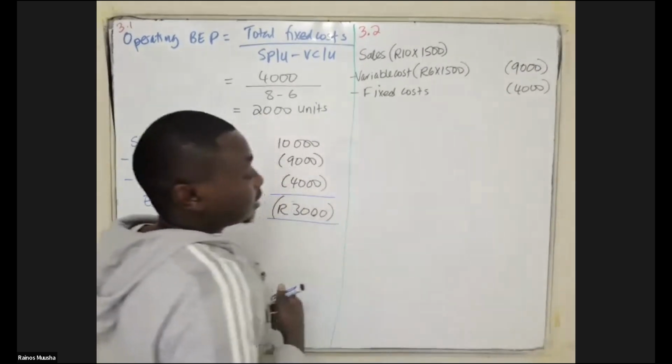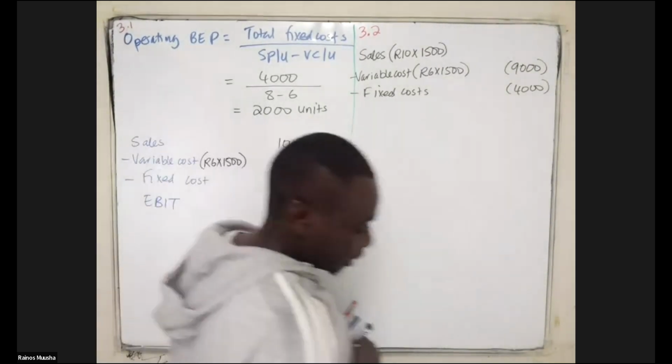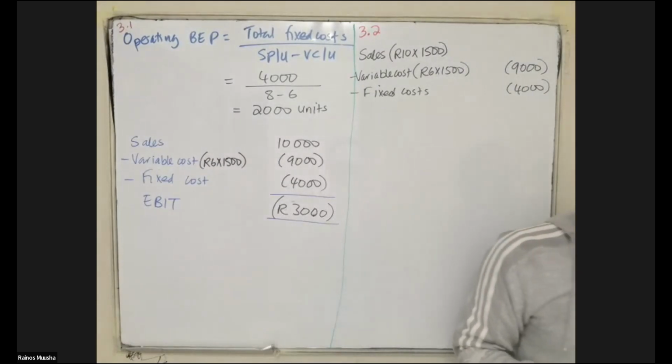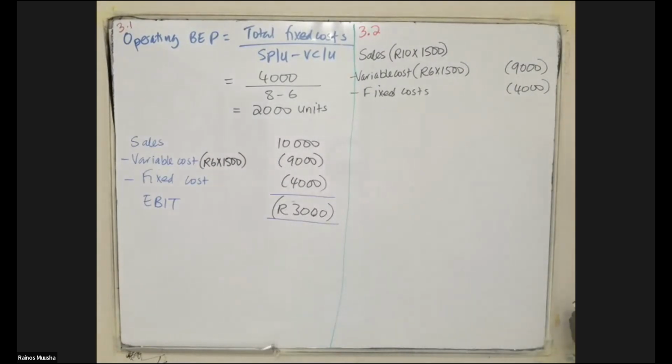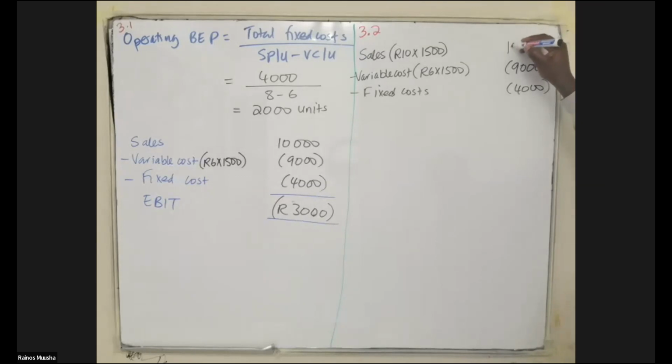So how much does the sales amount to? How much does the sales revenue amount to? $15,000. 15,000.